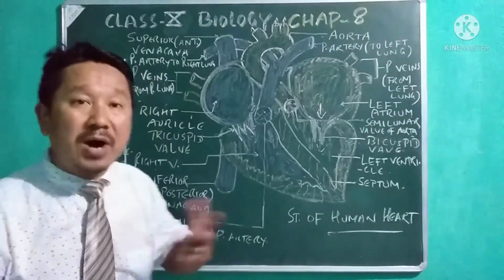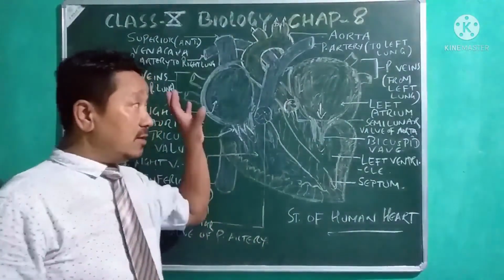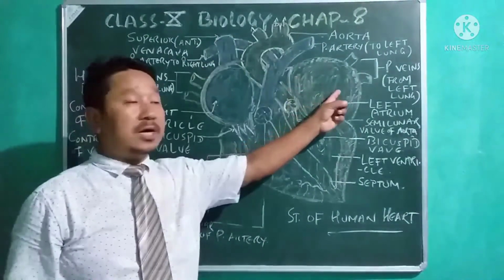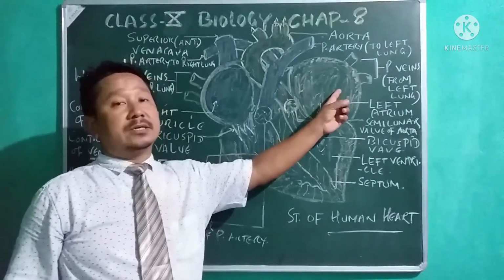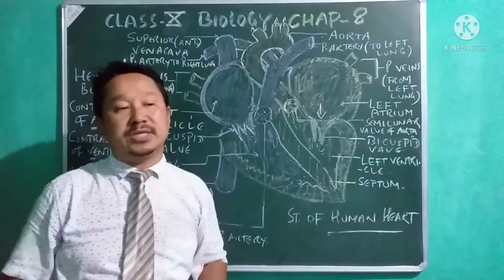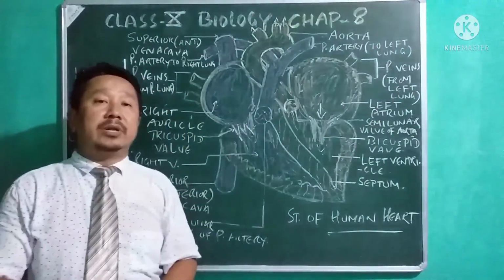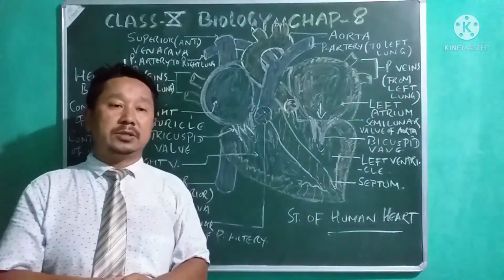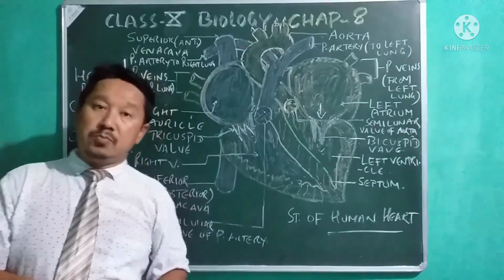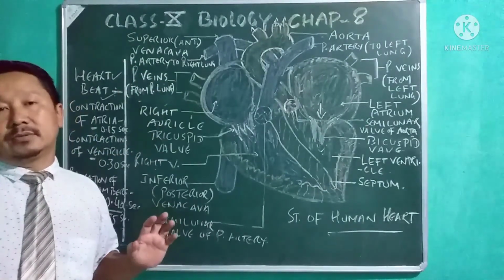To the lungs. For what? For purification. Then after the purification, the pure blood will be brought back again to the left auricle. So this cycle goes on. This is the course of circulation of blood through the human heart.